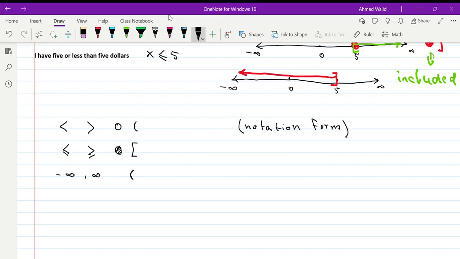When you solve an inequality, they tell you, including me maybe, draw the number line, show your answer, and after that, write your answer in notation form. How can you write your answer in notation form? It's really easy. It's nothing difficult if you just know this. If you just focus on this part of the lecture.